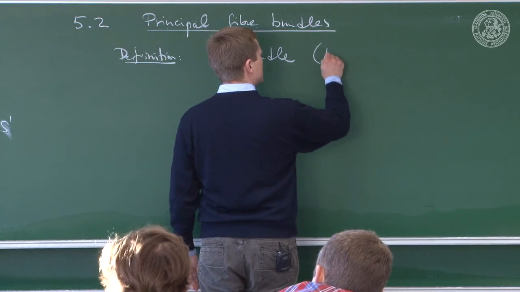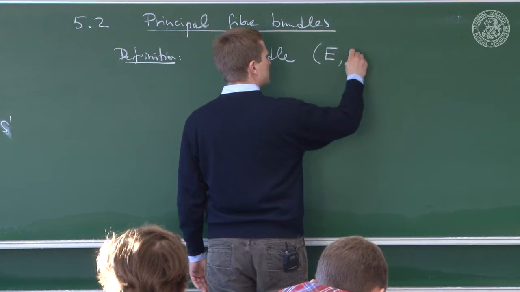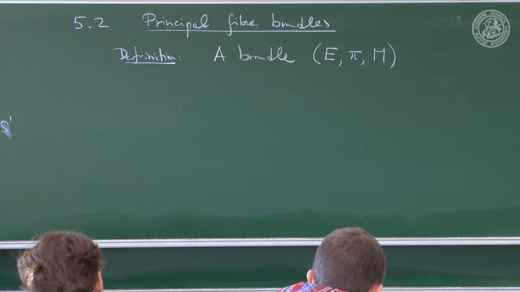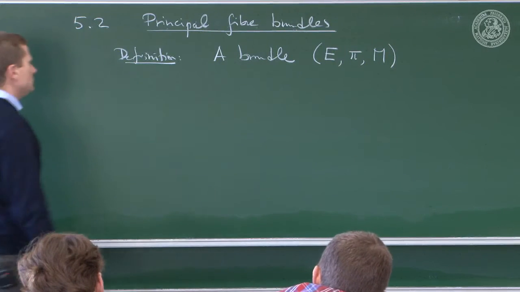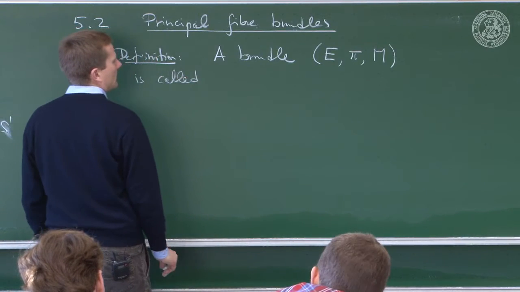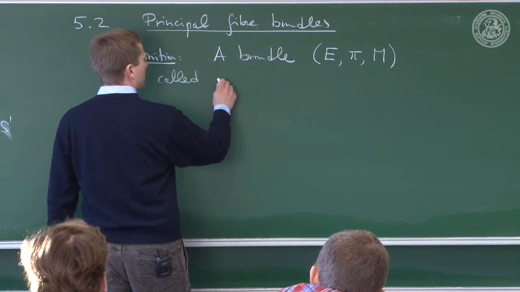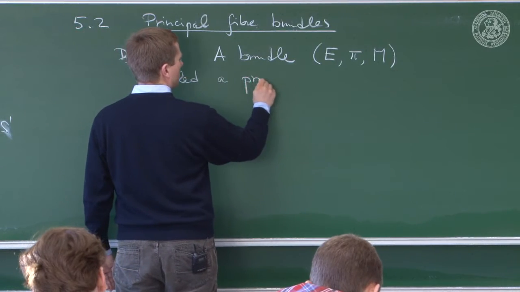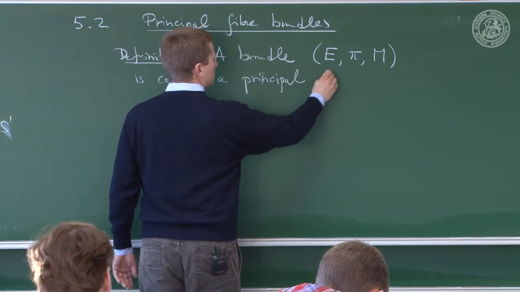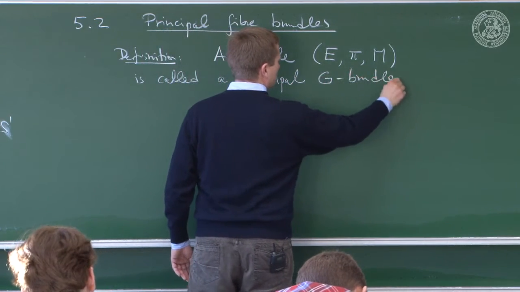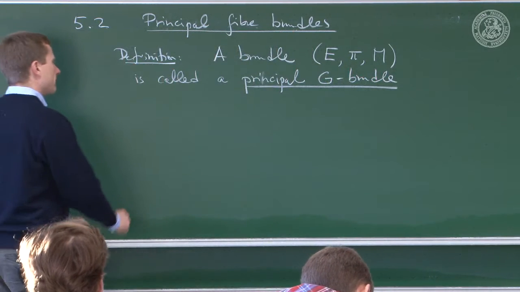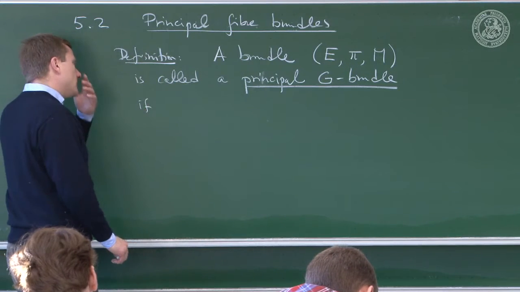So a bundle, what was that? A bundle consisted of a total space, a projection map, and a base space, if you remember. Such a bundle is called a principal G bundle if, well, what do you need?